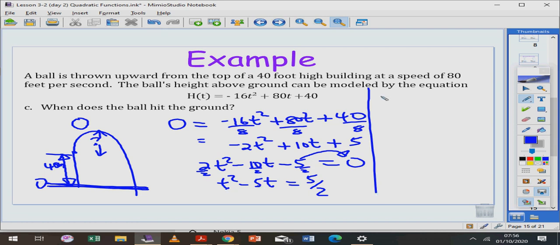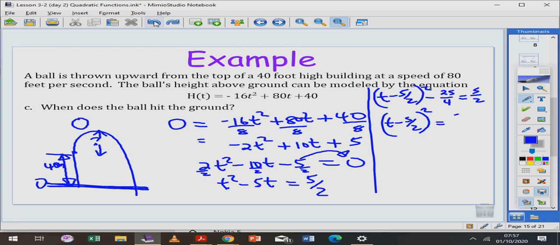So minus 25 over 4 is equal to 5 over 2. So my t minus 5 over 2 squared is equal to 5 over 2, which is the same as 10 over 4 plus 25 over 4. T minus 5 over 2 squared is equal to 35 over 4.